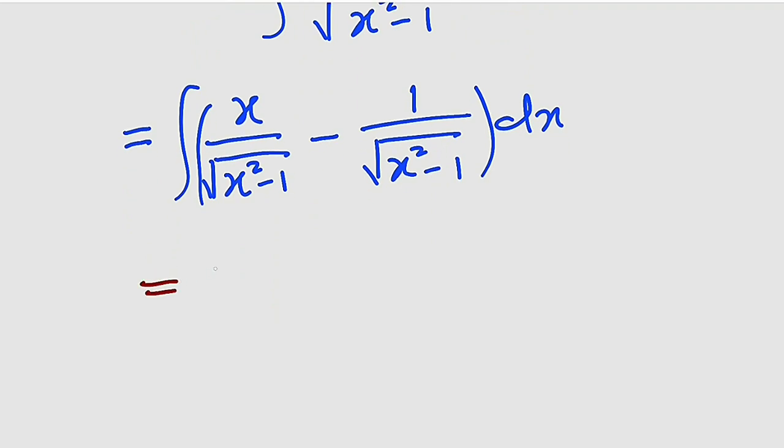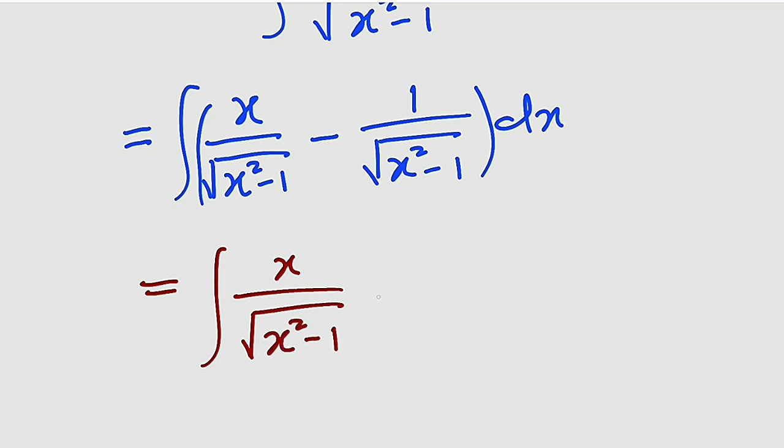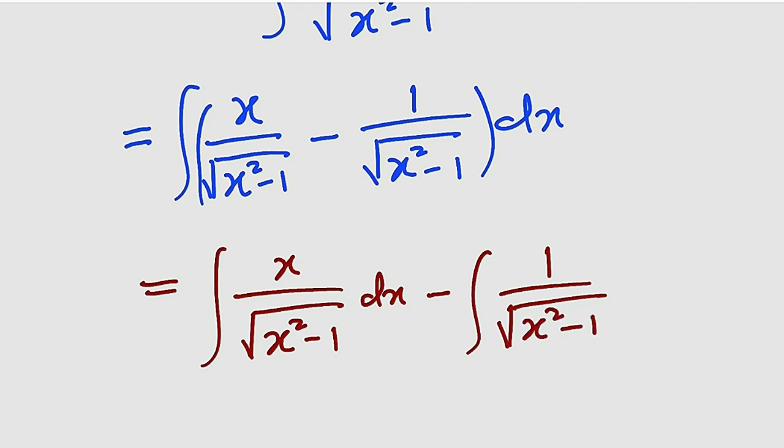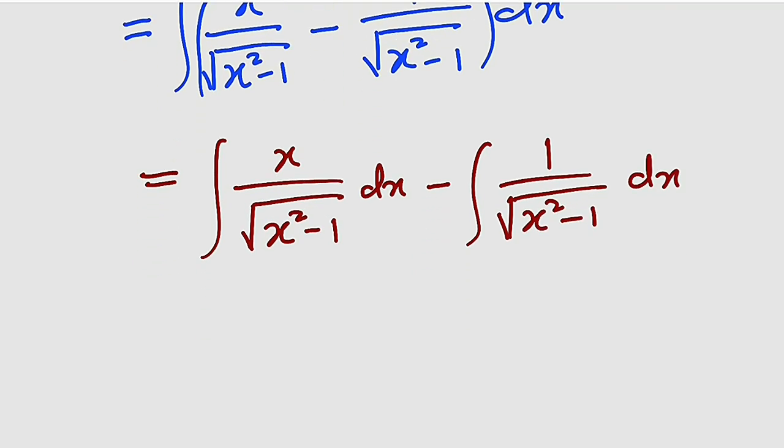So this is equal to the integral of x divided by the square root of x squared minus 1 dx, minus the integral of 1 divided by the square root of x squared minus 1 dx. The second one is very simple because we have an identity for that. So let me evaluate this before coming back to this one.